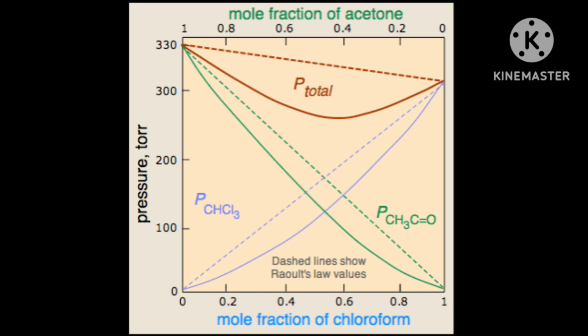There are two components, separate molecules. A is one component, B is another component. Then A has many molecules, B has many molecules.